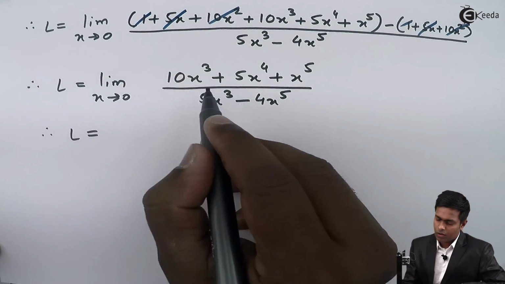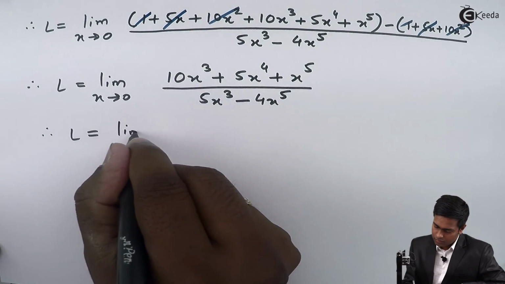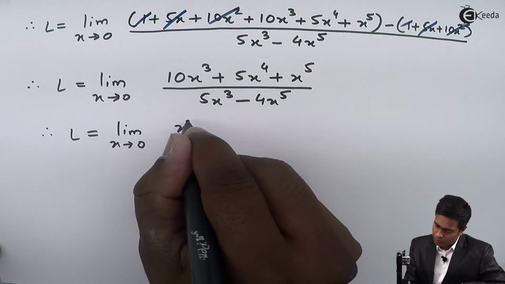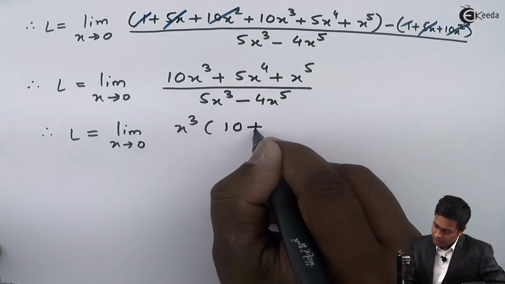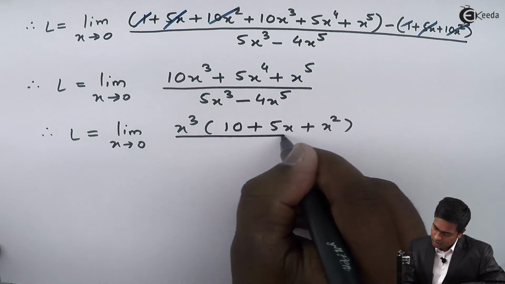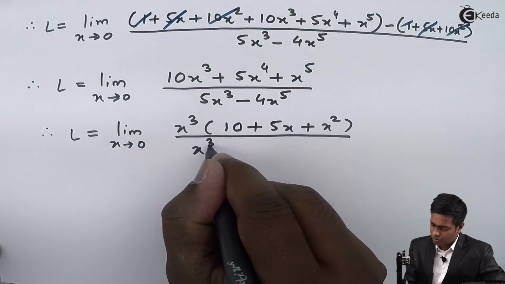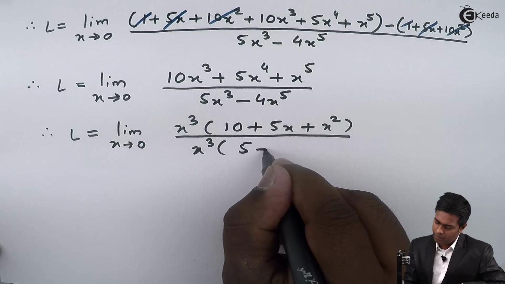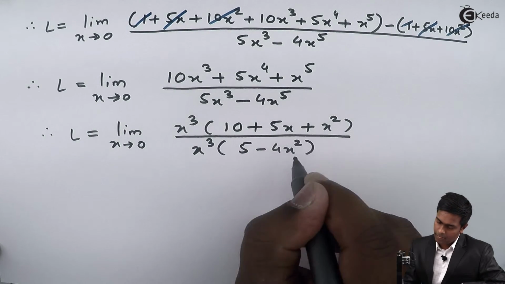Therefore, from the numerator we can take x cube common. We'll get 10 plus 5x plus x square. From the denominator we can take x cube common. We'll get 5 minus 4x square.